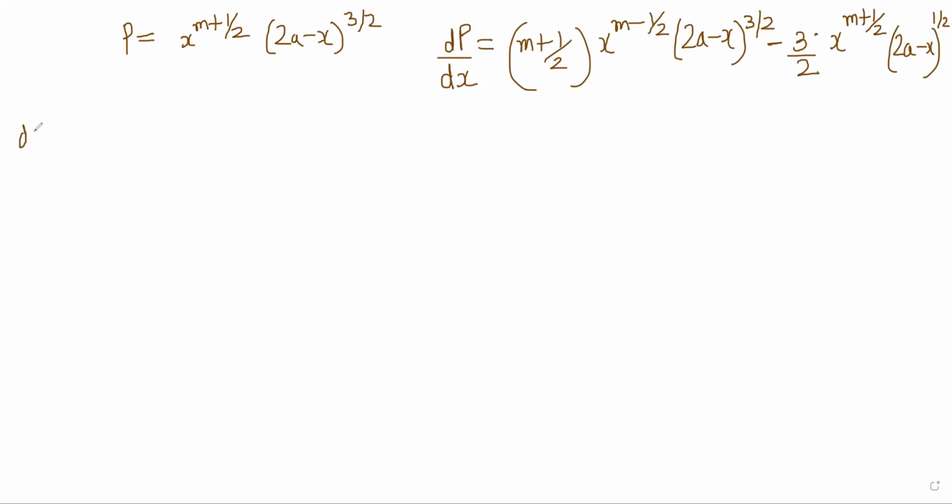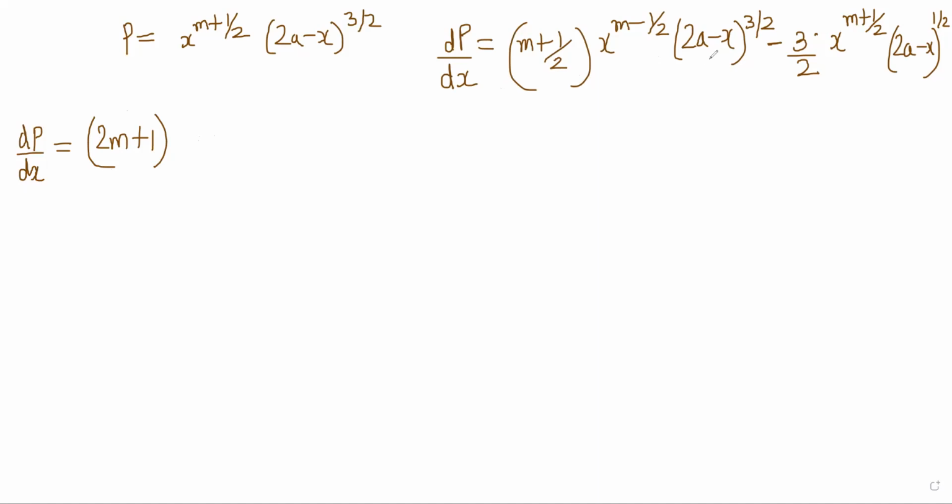Simplifying this a little bit, dp by dx will become equal to (2m plus 1) by 2 into this.